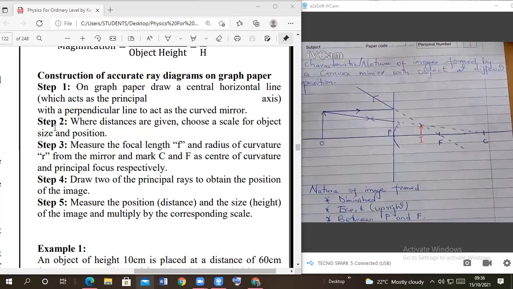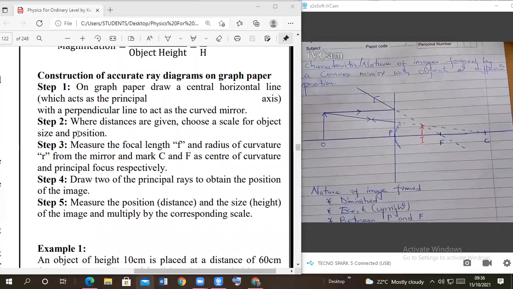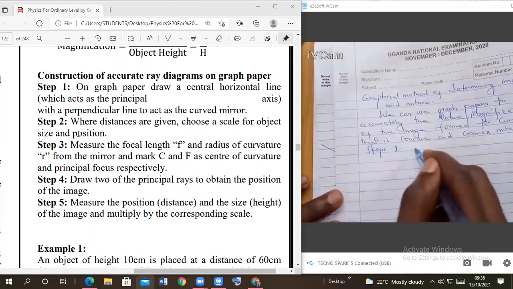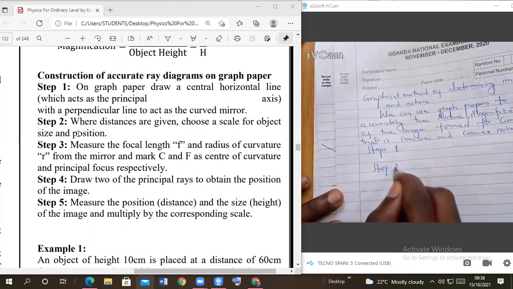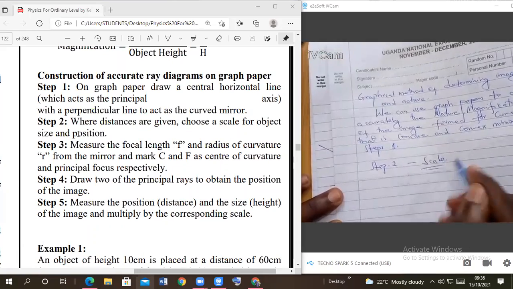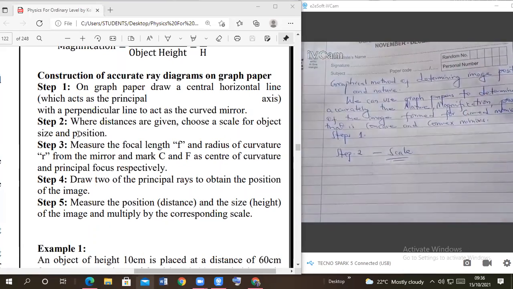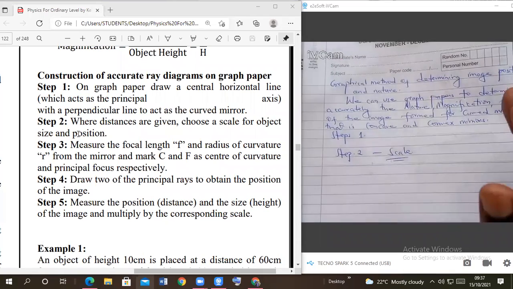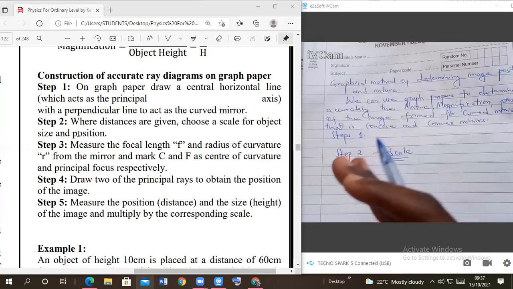Step number two: where distances are given, choose a given scale for object size and position. Now here you must also remember something to do with scale. That one is very important, because sometimes they give us distances which we cannot fit on a graph paper, like 10 centimeters, 20 centimeters. So what do we do?